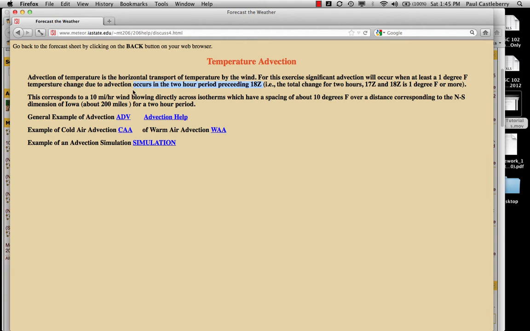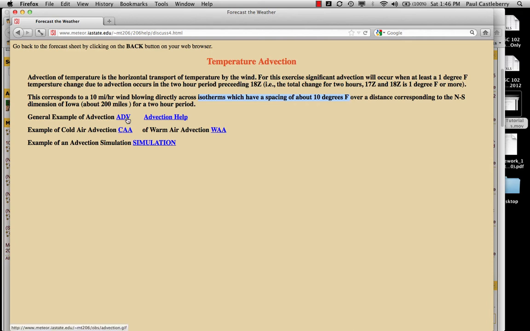Now, basically, a good shorthand notation for identifying advection is looking at wind speeds of at least 10 miles per hour blowing across isotherms. Recall earlier we talked about isotherms being lines of constant temperature. And these isotherms have about a spacing of 10 degrees Fahrenheit over about a 200-mile horizontal distance.